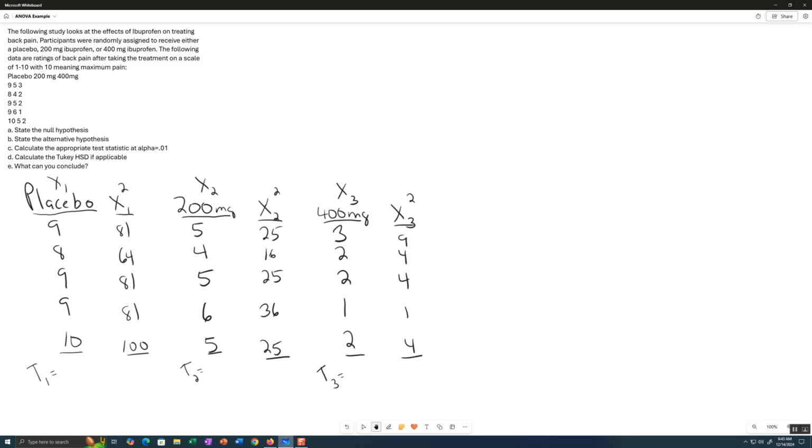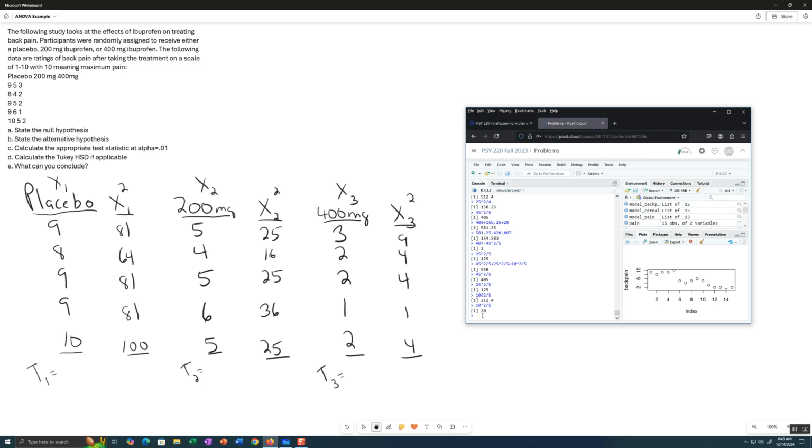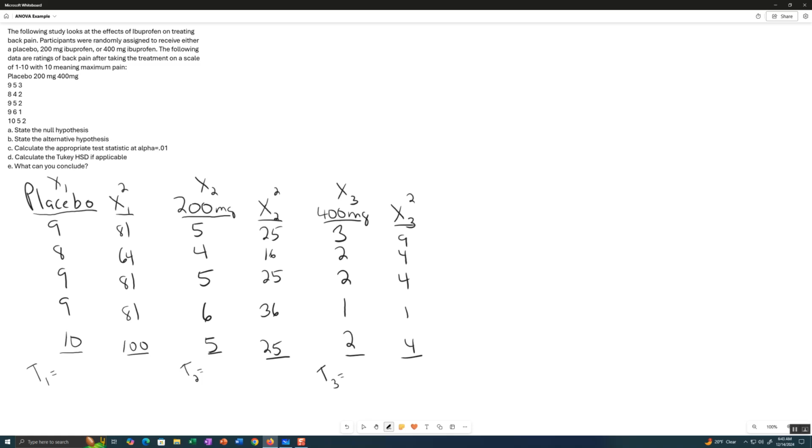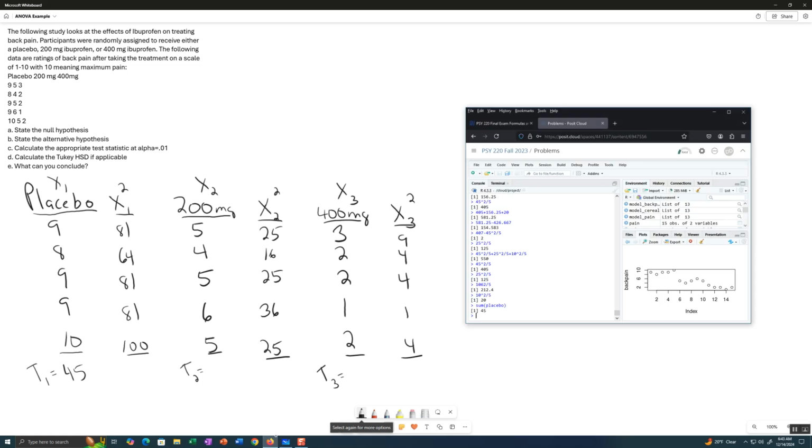So I'm going to break open R for that. Let's do the sum of placebo. That gives me 45. Then I want the sum of the 200 group.